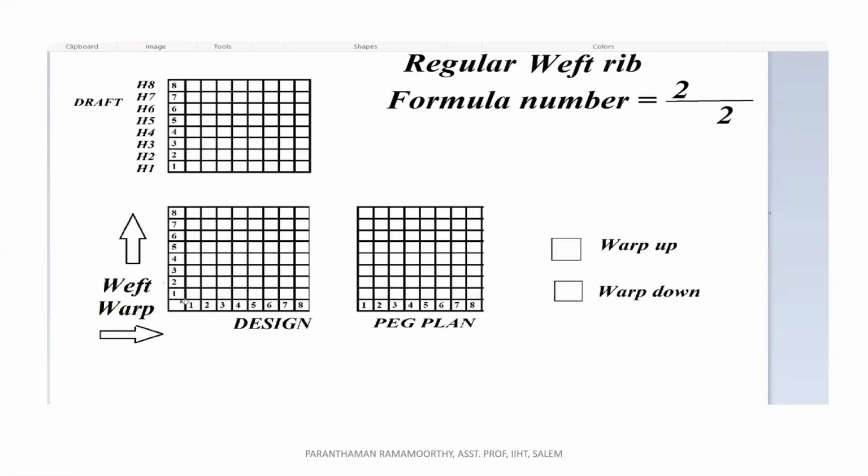The formula number is 2 by 2. In the regular weft rib, the plain weave is extended in the weft direction. See here that the plain view is extended in the weft direction. 2 picks with 4 ends are enough to draw the design. Further are repeating units.